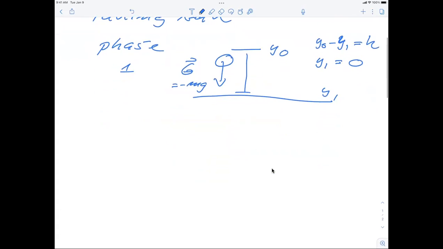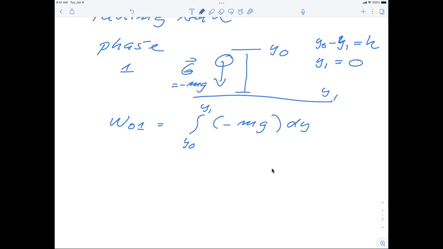So what we have then, when we look at the work energy theorem, is this work which is done from 0 to 1, which will then be given by the integral from y0 up to y1. And then we have minus m times g, which is the force acting in the y direction. So it's simplified.